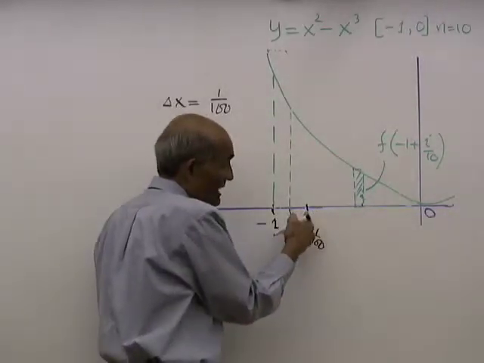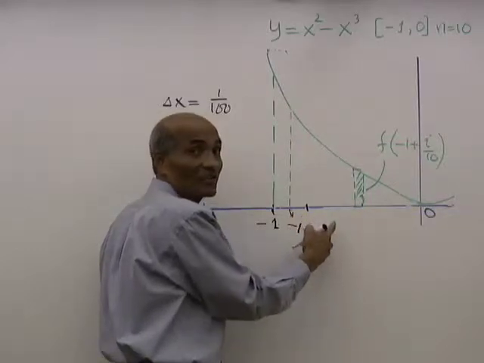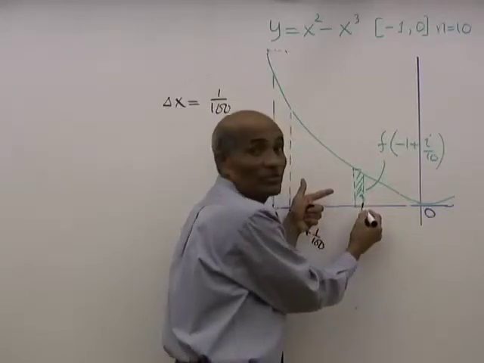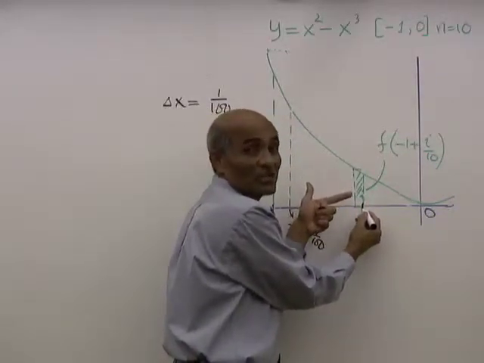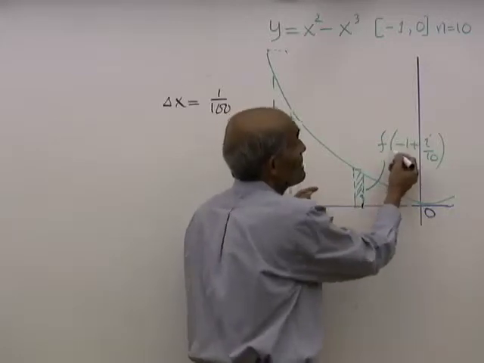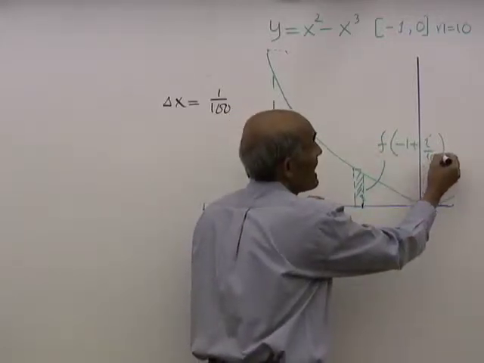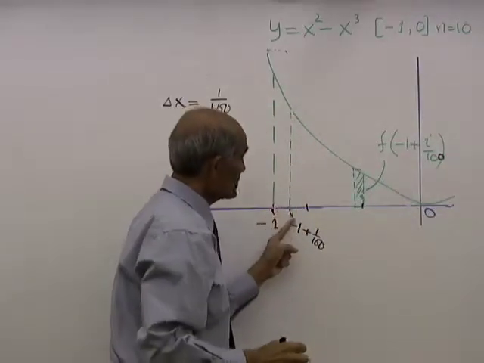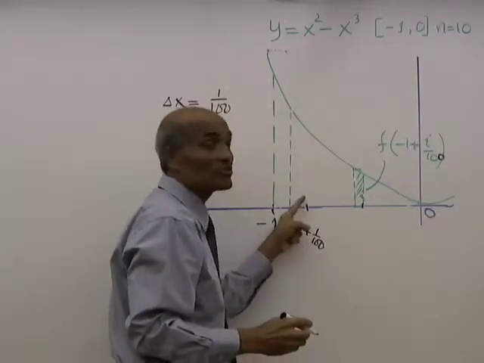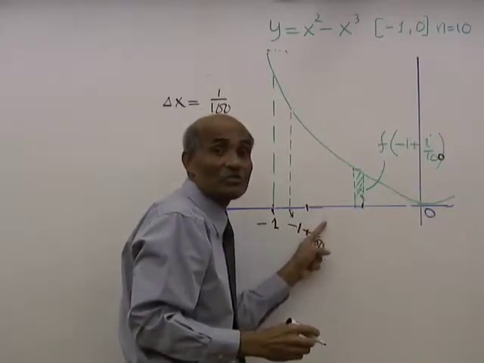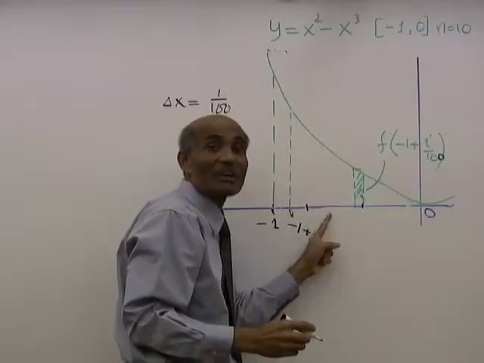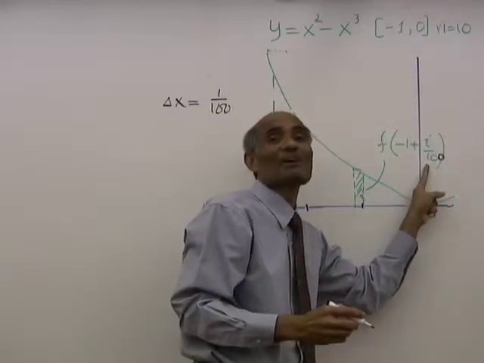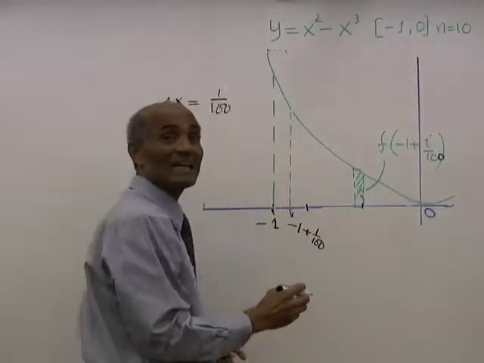This x value will be -1 plus 2 over 100. And the x value of the ith rectangle, the right x value will be -1 plus i over 100, isn't it? So -1 plus 1 over 100, -1 plus 2 over 100, -1 plus 3 over 100, -1 plus i over 100. So can you write that summation now?